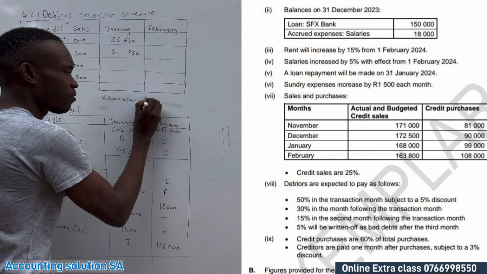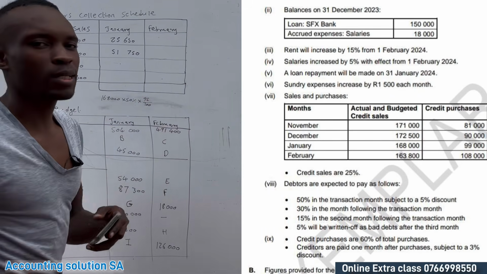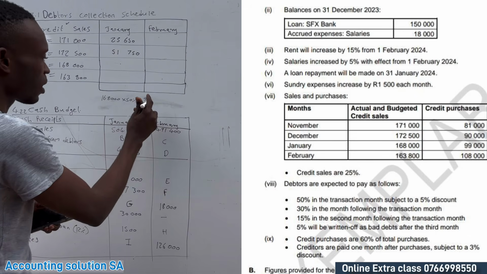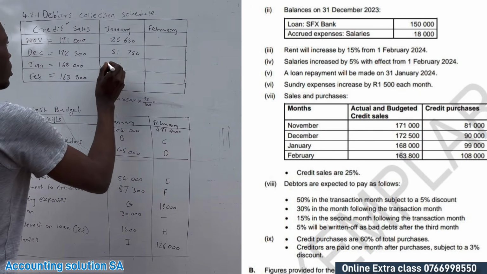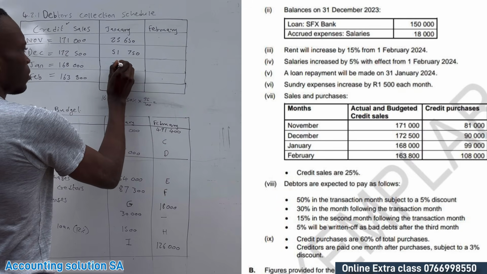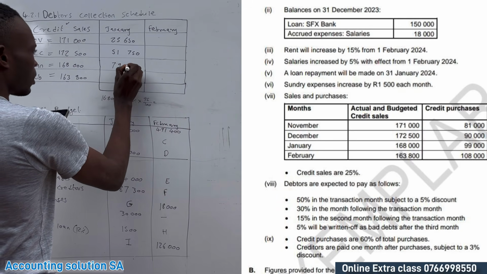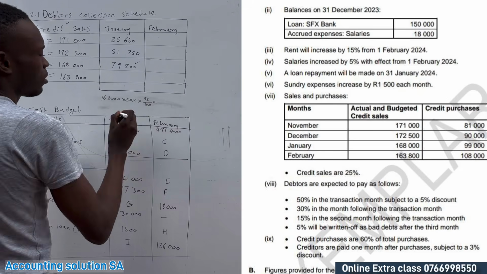How do we get 95? 100 minus the discount of 5% gives you 95. Then if you do this calculation, you're going to get 79,800.